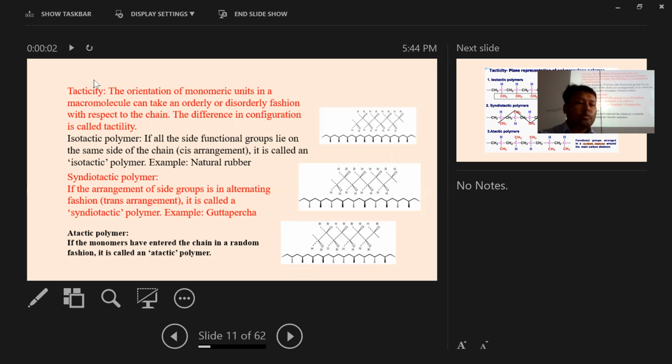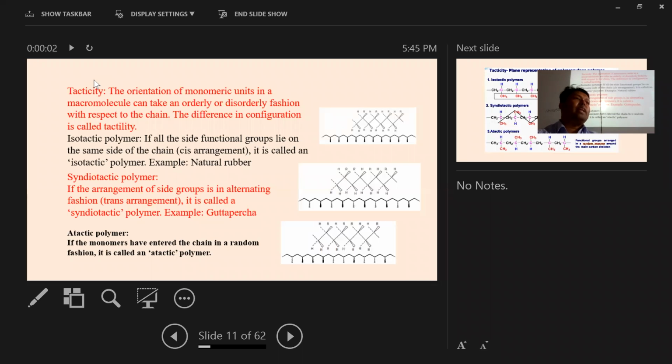And if the arrangement of the side groups is in an alternating fashion, in a different way, that means not on the same side, in that case we can consider it syndiotactic. And atactic polymer: if the monomers have entered the chain in a random fashion, that means if the monomers do not follow any pattern.